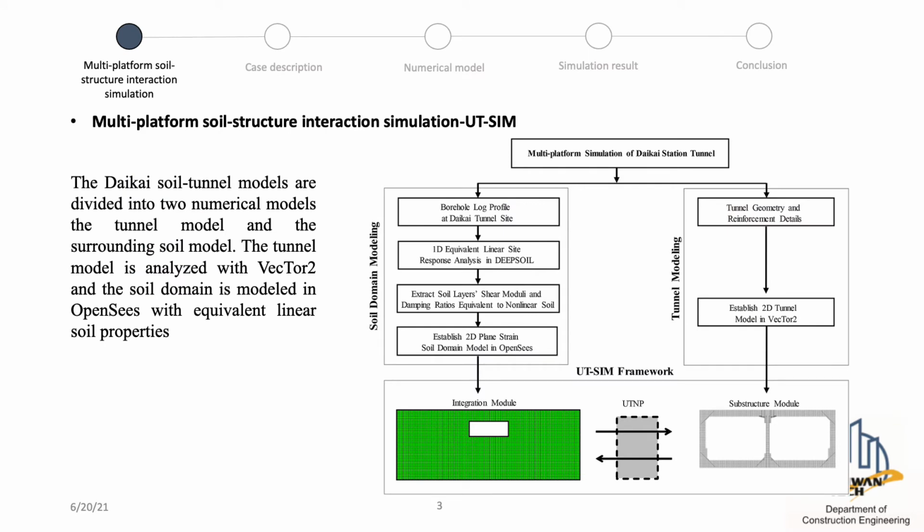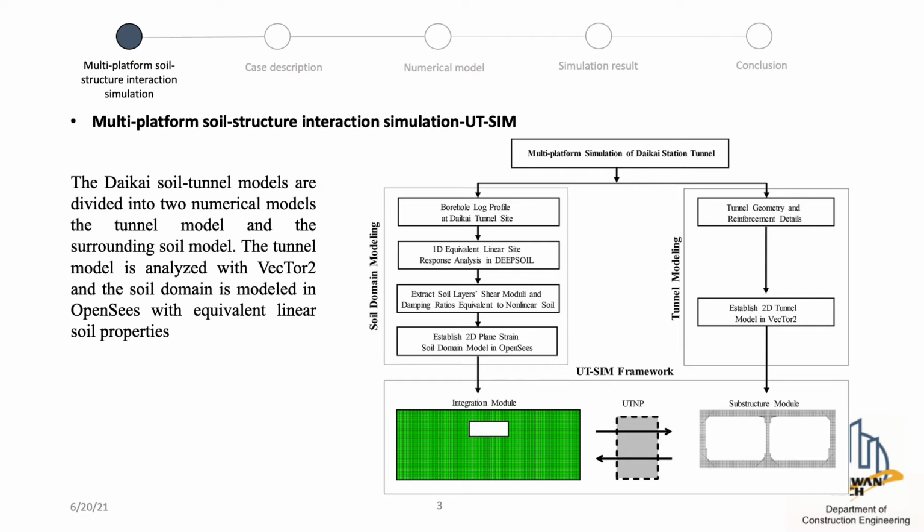So here we can see the flowchart of the multi-platform soil structure interaction simulation. It was developed by the team from the University of Toronto, called UTSIM. We can see it divides the model into two parts, the soil domain model and the tunnel model.